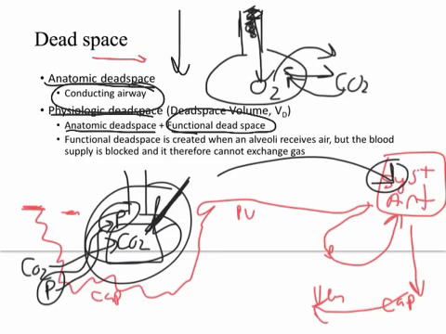So the blood is trying to come in and it's being stopped. So it's essentially an alveoli that's not able to exchange gases even though the gas is moving into it. In other words, it's ventilated, but it's not perfused. It's ventilated with air, but it's not perfused with blood.